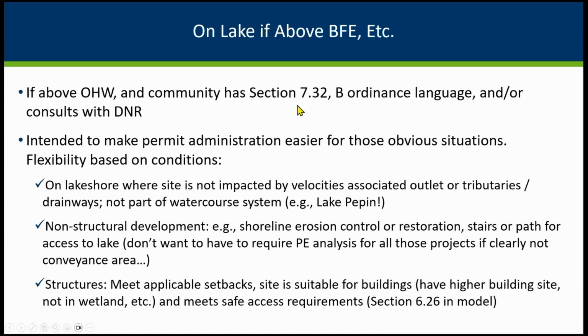And again, we do have some language in our model ordinance that basically says, if it's not impacted by velocities, not part of a watercourse system, and as long as you're limiting what's happening in that shore impact area, you're just doing some erosion control or maybe some stairs or a path, but not a lot of filling in that area, then you can use this approach of saying below the ordinary high can be treated as floodway and above can be treated as flood fringe.